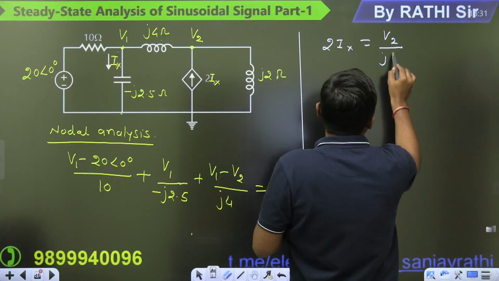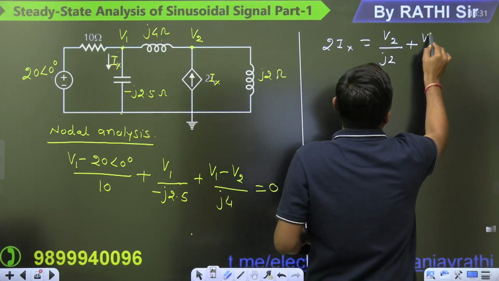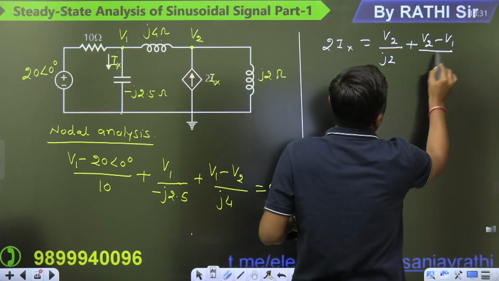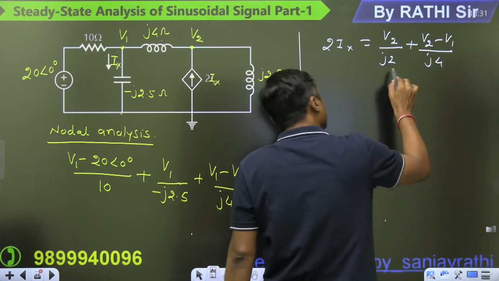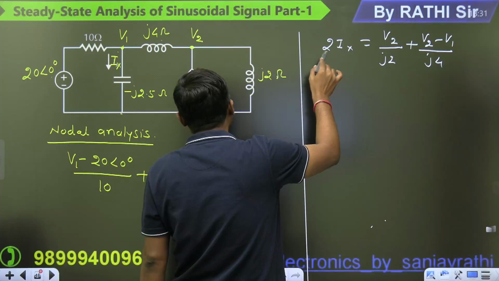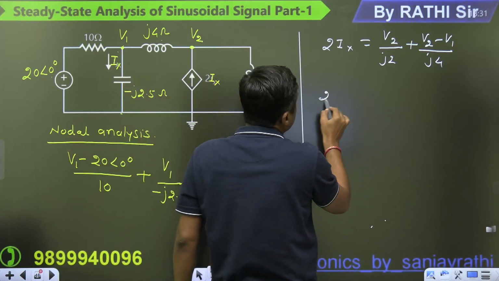The outgoing current is V2 by J2 plus (V2 minus V1) by J4. You can also take J4 as the LCM, you can solve it, no problem. But remember Ix: V1 upon minus J2.5, you have to replace it.